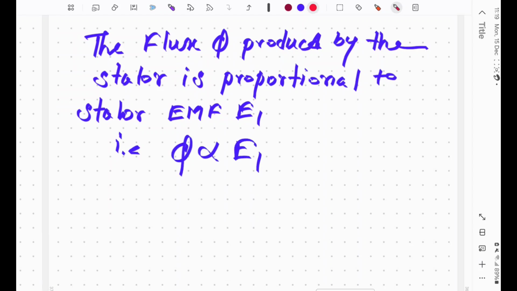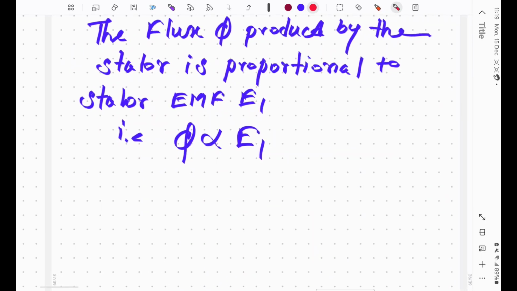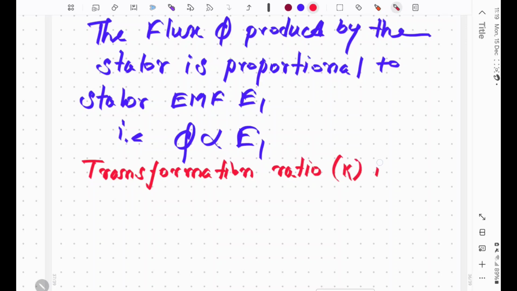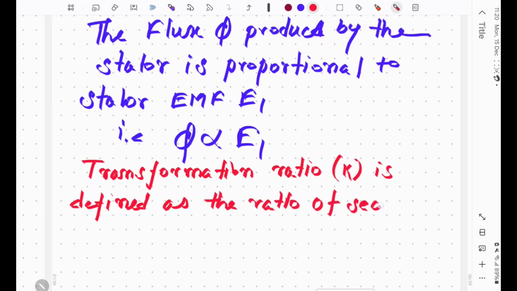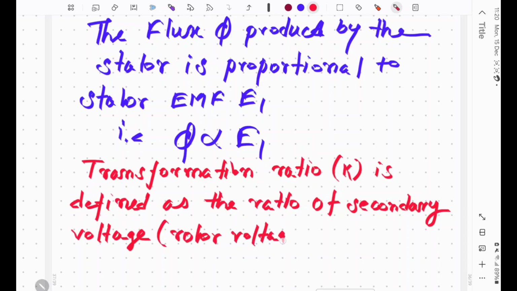Now we know that the transformation ratio K is defined as the ratio of secondary voltage, that is the rotor voltage, to primary voltage.